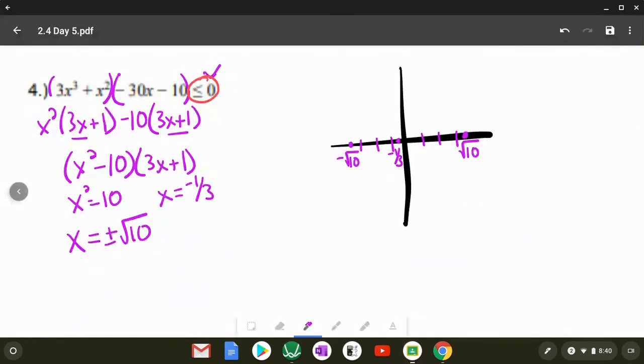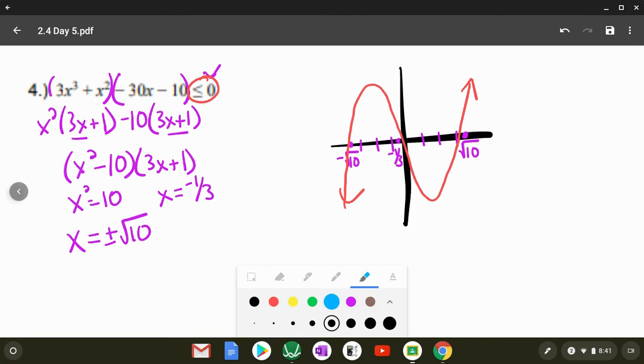So if we go ahead and draw this, and again, as we mentioned, we only care about the outputs for what we're doing here. We know all of the portions that are less than or equal to 0. And again, be very careful when you're doing the solution sets that you are clear whether it's a bracket or parentheses.